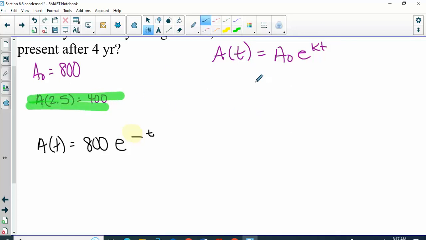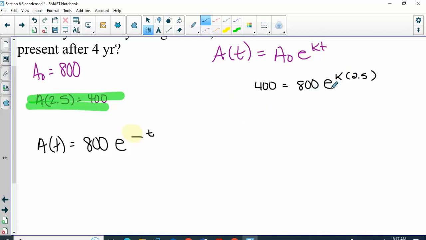So the amount at that given time was 400, my beginning amount was 800, e to the k, which we didn't know, that's what we're trying to find, and the time at that given point was 2.5. So we're plugging in the variables we know so we can find our constant.